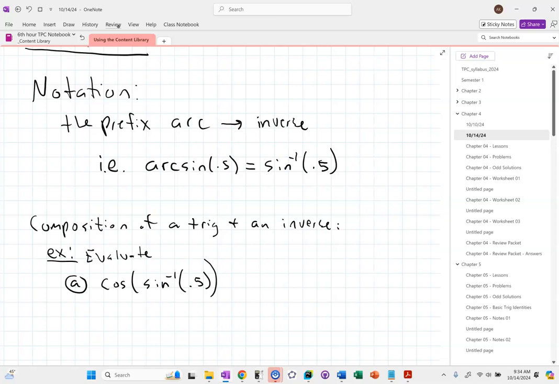So let's say we have cosine of sine inverse of 0.5.